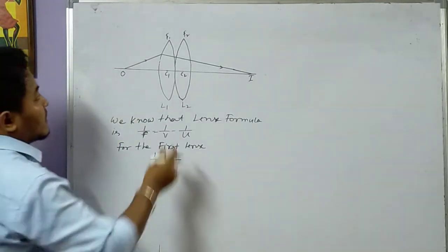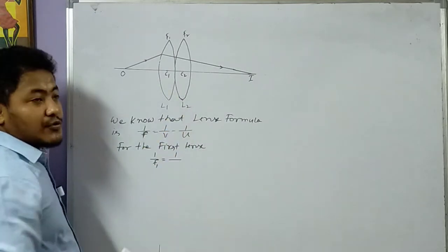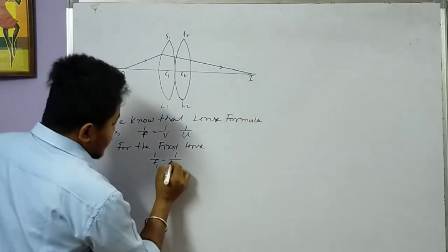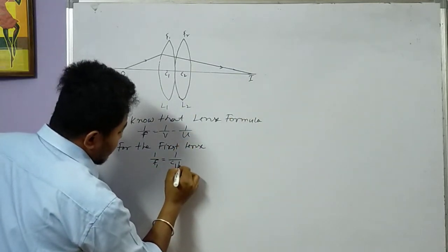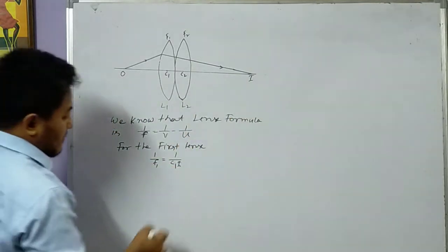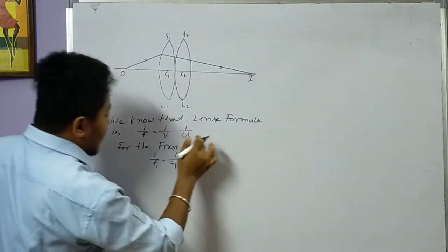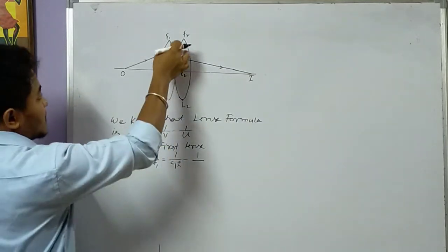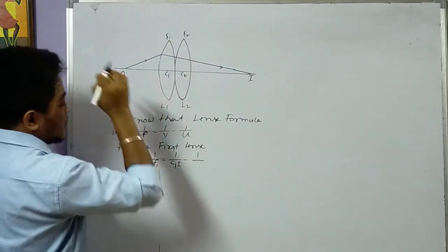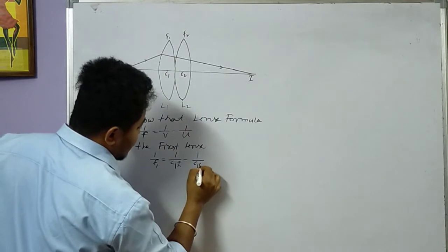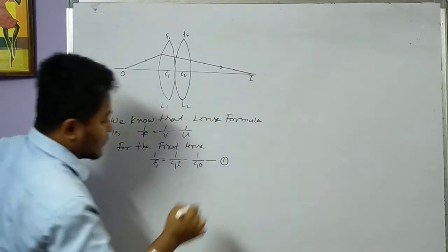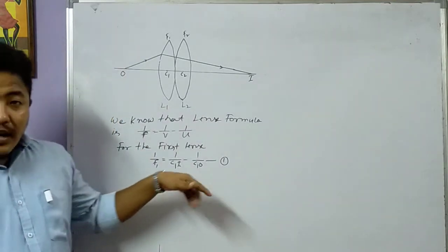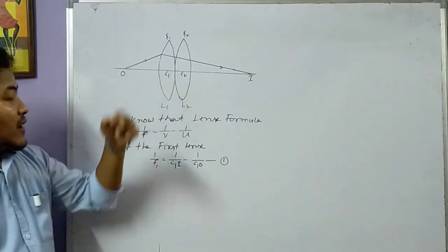The image distance for the first lens is C1I, minus 1 by u, where u is the object distance, which is C1O. Let us consider this to be equation 1. Nothing else is here. I have applied only the lens formula for the first lens.